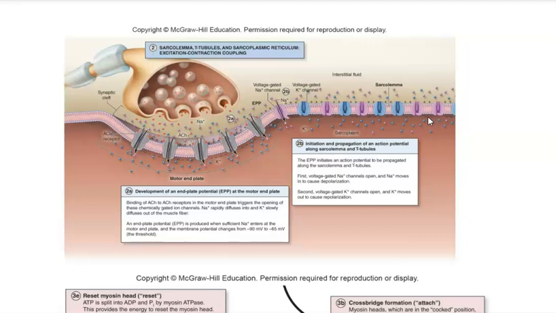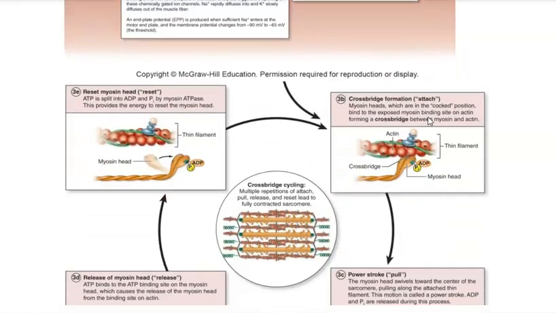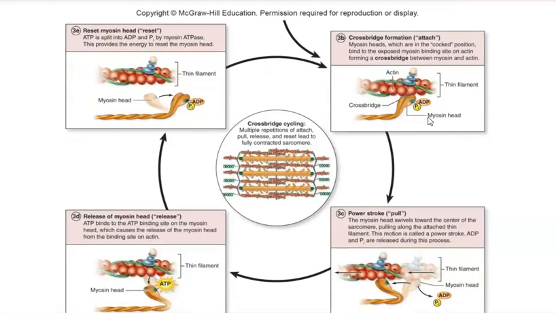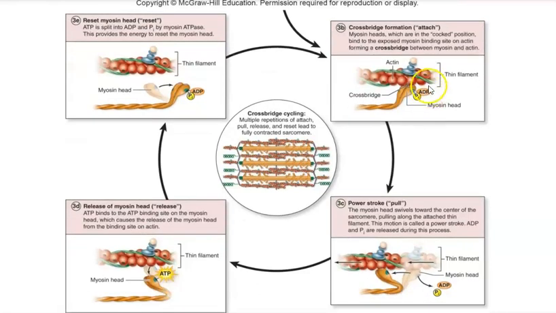That intracellular calcium is then going to bind to troponin. Troponin is going to change its shape, which is going to move tropomyosin out of the way of the thin filaments, the myosin binding sites on the actin of the thin filaments.